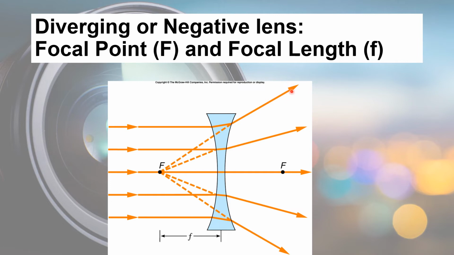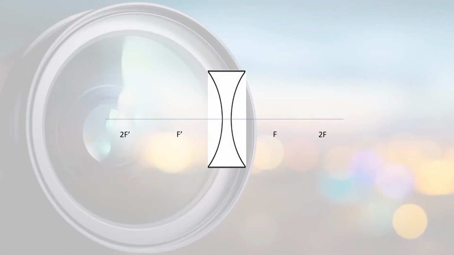And when you extend the refracted rays in front of the lens, they will meet at a common point called the virtual focus or the virtual focal point. The ray diagram for a concave lens is similar to a convex lens.